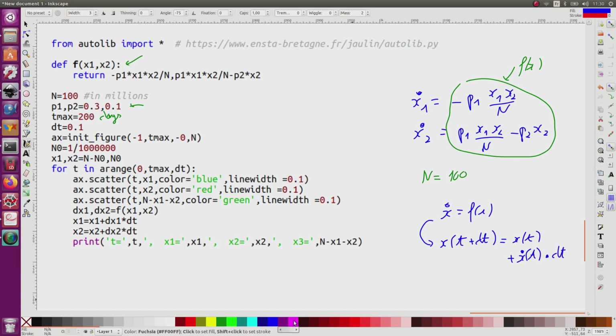So it is the Euler formula, where x dot is equal to f of x.